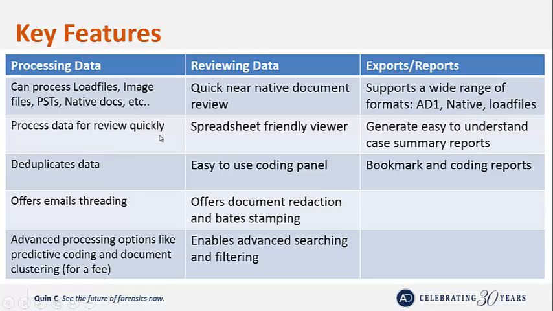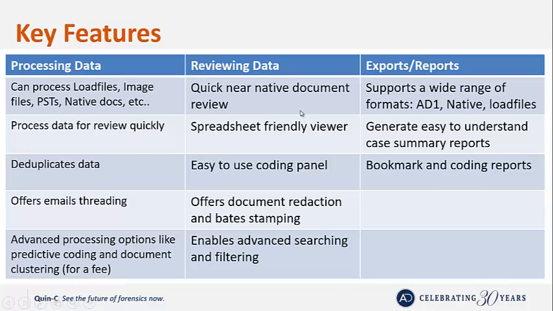It processes very quickly. It offers deduplication and more advanced analysis, email threading, and things like that. And then, depending on the needs of your case, if you need predictive coding, if you need document clustering, there are also those types of services, although those come with additional fees. And you'd have to call your salesperson about those.